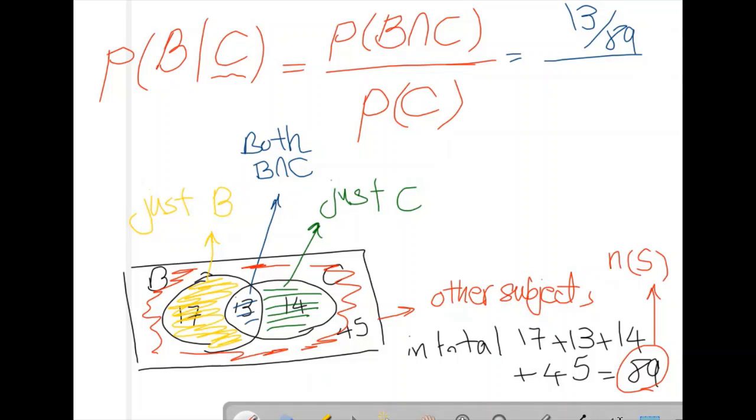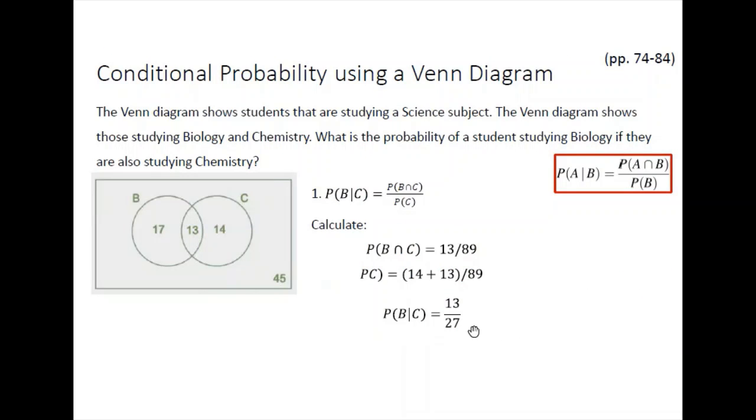And the probability of C: 30 plus 40 students are studying chemistry. So the result is 30 over 70.